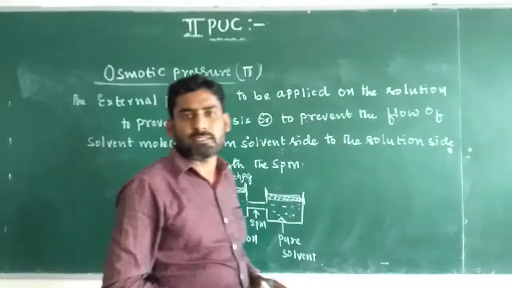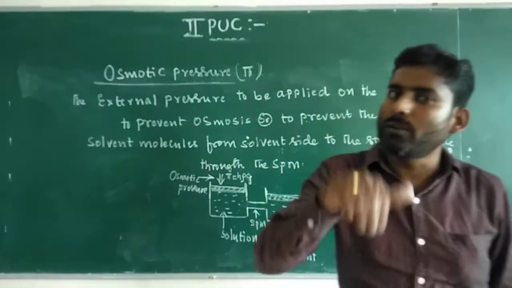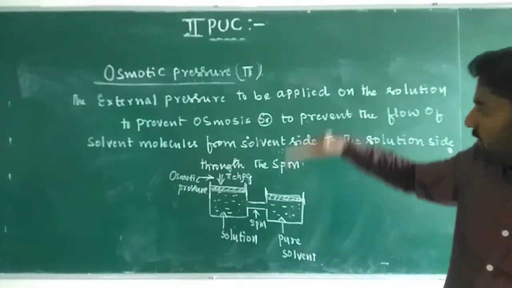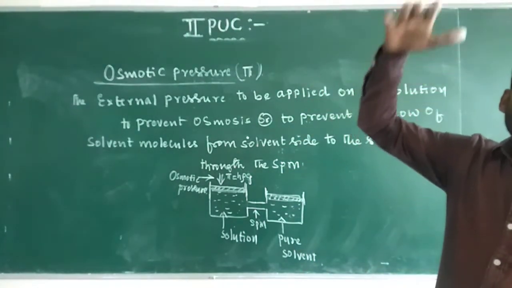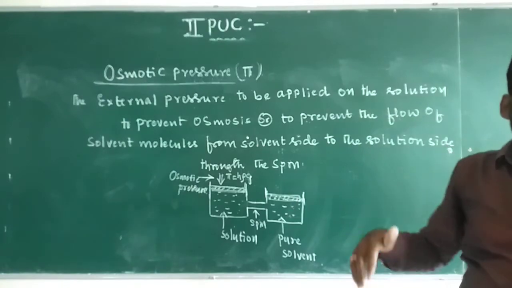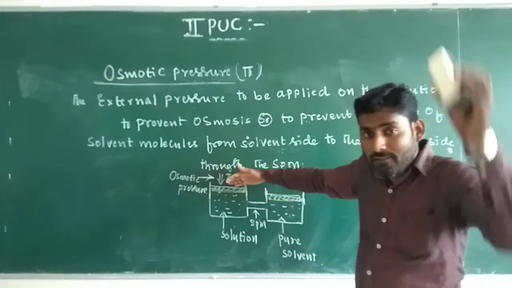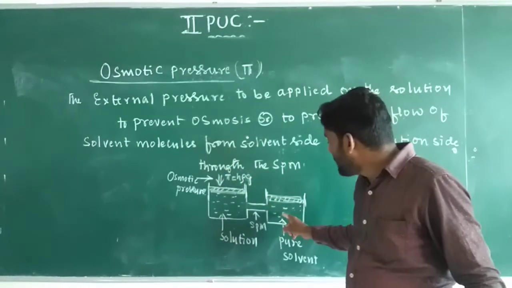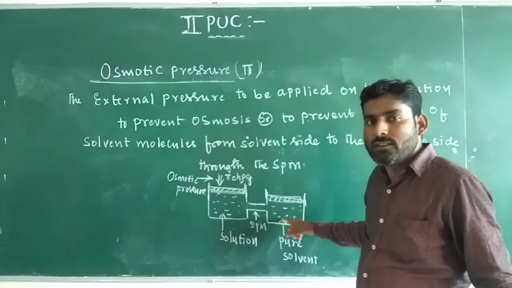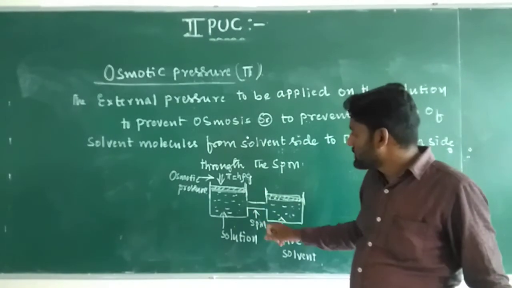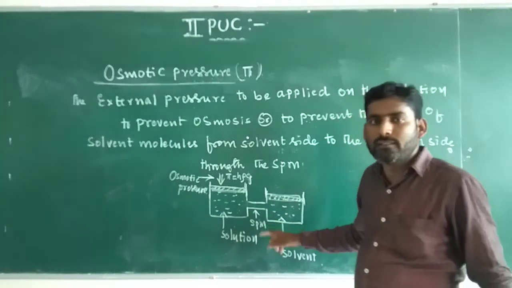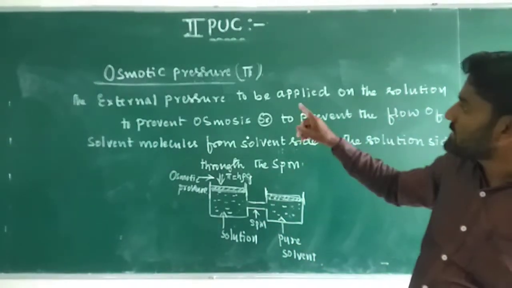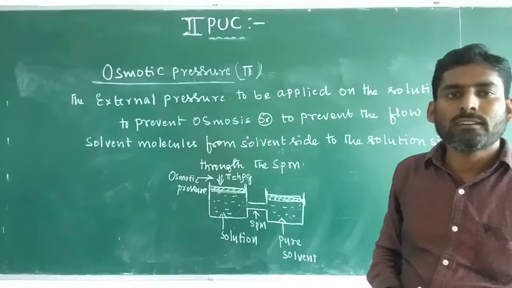process called osmosis. To prevent osmosis, we apply slightly more external pressure on this solution. By applying pressure on the solution, the movement of solvent molecules from solvent to the solution side through the semi-permeable membrane is prevented. So that is called osmotic pressure.